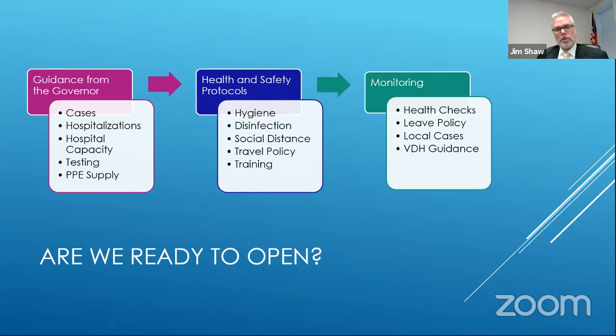Then as it comes to us, we look at our own preparedness in terms of health and safety protocols that are either in place or would have to be in place as we reopen and have more people returning to the workplace.